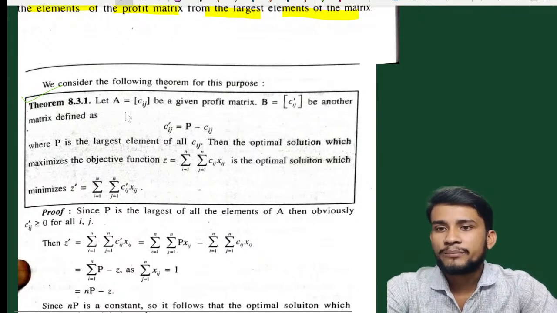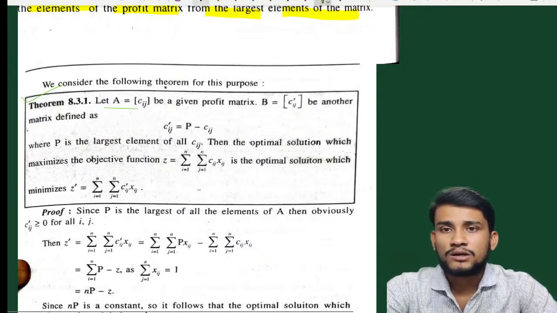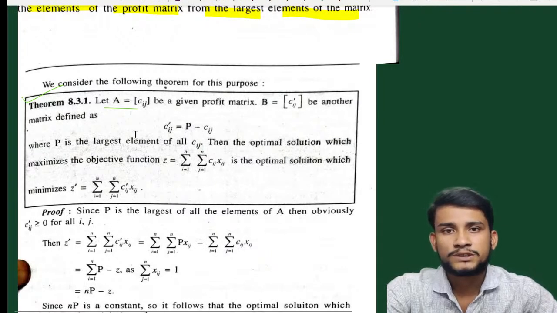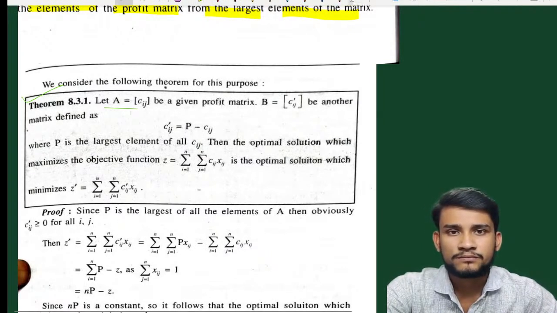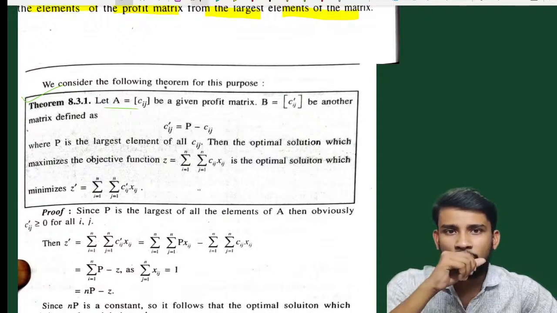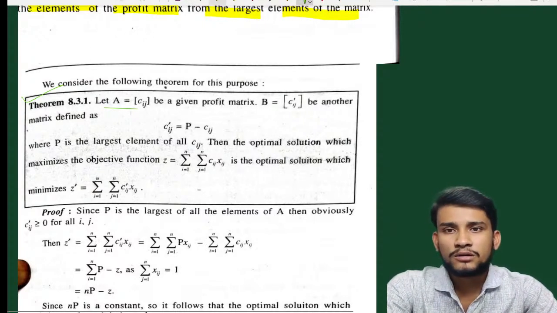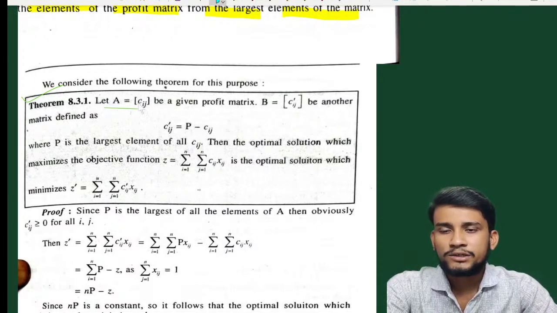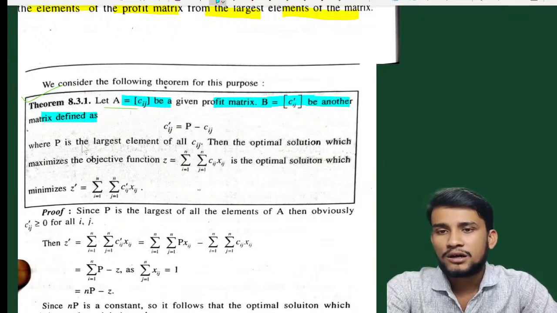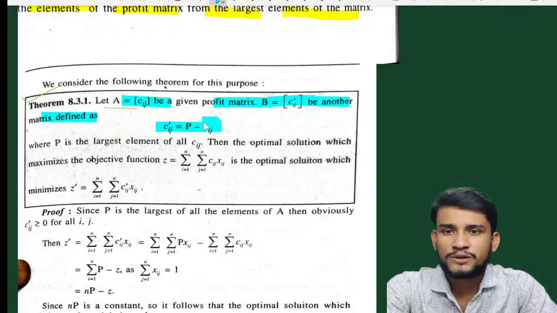The theorem says: let A = [Cij] be the profit matrix, and let B = [Cij'] be another matrix defined as Cij' = P - Cij, where P is the largest element of Cij.